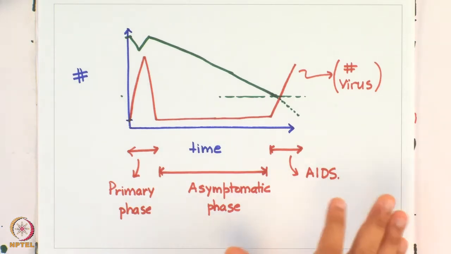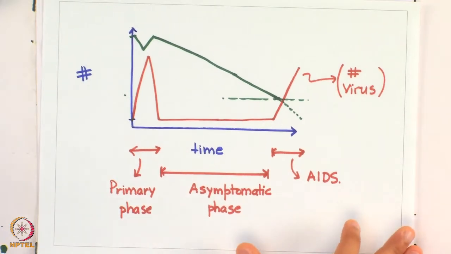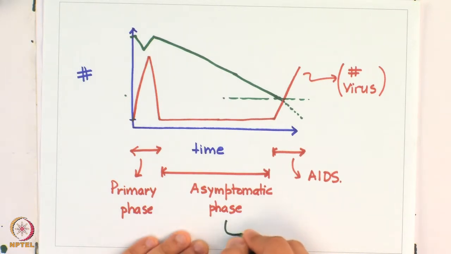Okay. So, those are the three steps associated with an HIV infection, and particularly what's curious is that there is a very long asymptomatic phase associated with HIV infection, and typically this could last up to a few years.